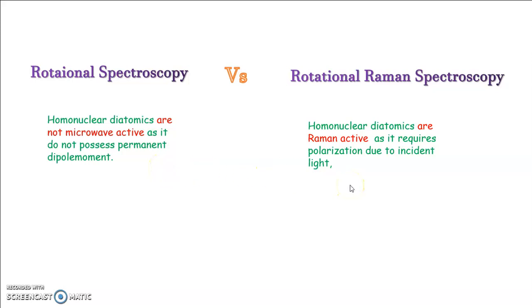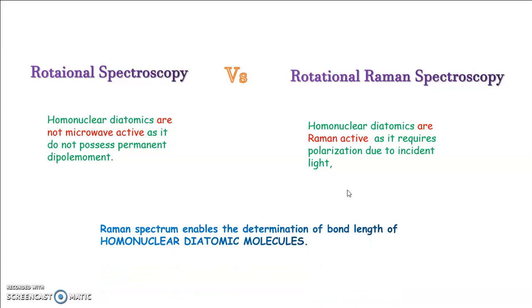But rotational Raman spectra can be obtained for these molecules as there is polarization due to incident light, and this Raman activity depends on that polarizability only. So it provides a method for the determination of bond length of all diatomic molecules which are not microwave active.